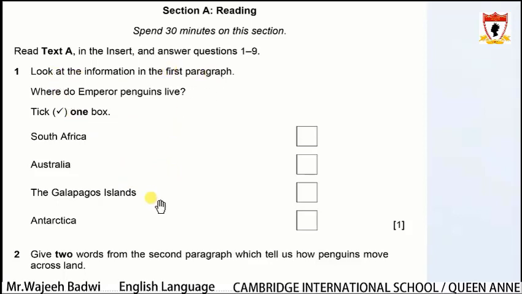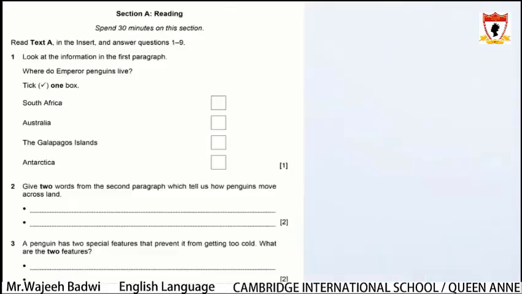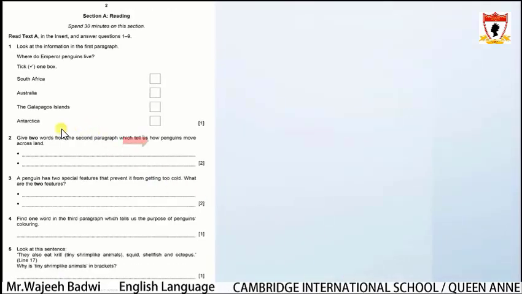Take your time, read the paragraph again, go back in the video, read the paragraph, and go back to answer the question. Yes, you are correct. Right now, you know the answer, which is Antarctica. They live in the Antarctica.